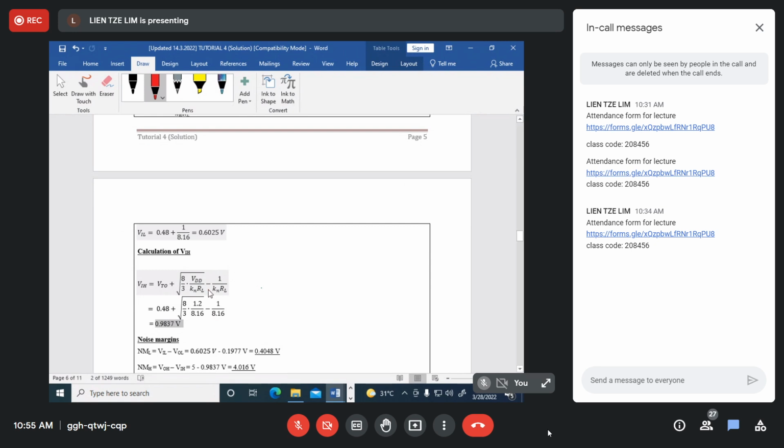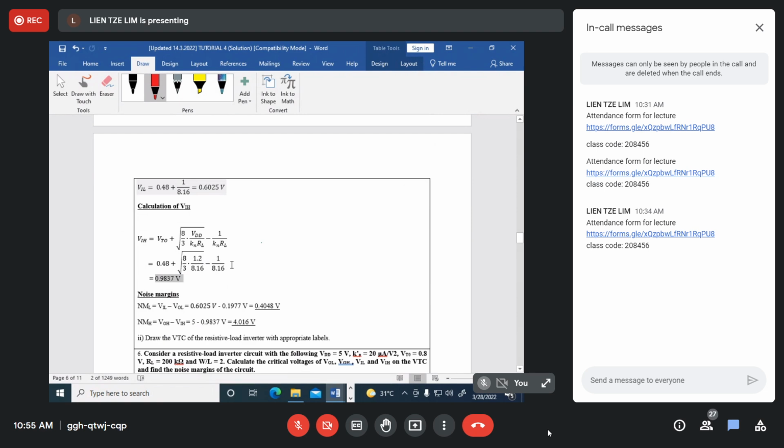After we get all the critical voltages, then the noise margin can be determined. So this is the noise margin formula. Noise margin has two: one is low noise margin, another one is high noise margin.